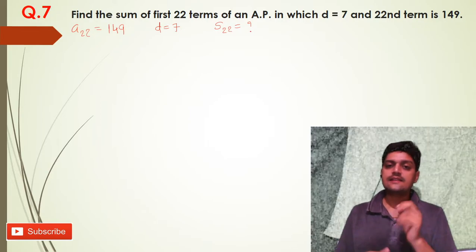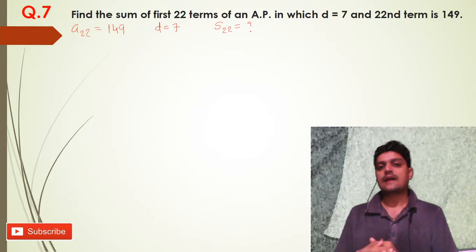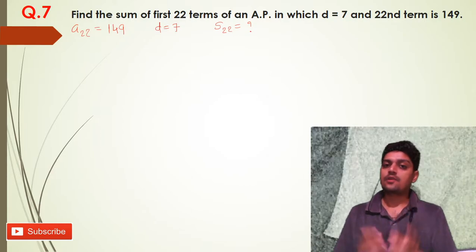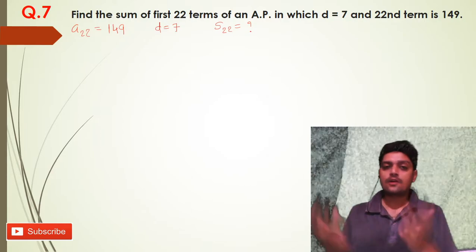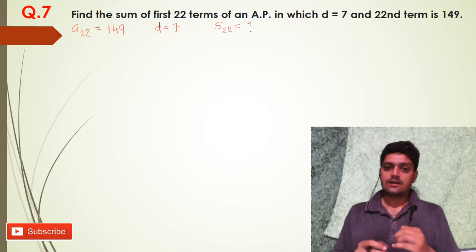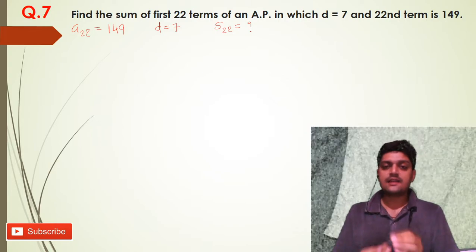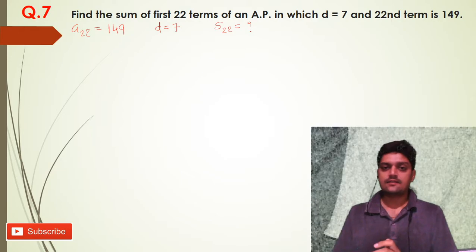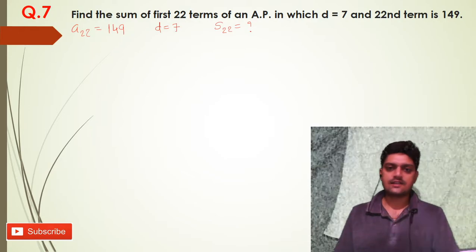So generally this question is asked. Why is this question asked? Because the examiner just wants to check whether you know both formulas or not, and if you know, are you able to do the implementation of these formulas? So this is the thing. Okay, so generally they ask this.